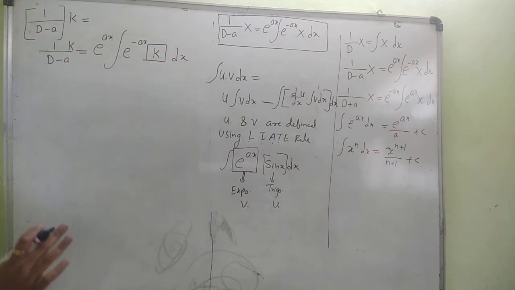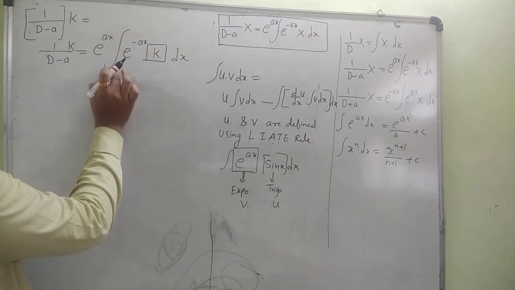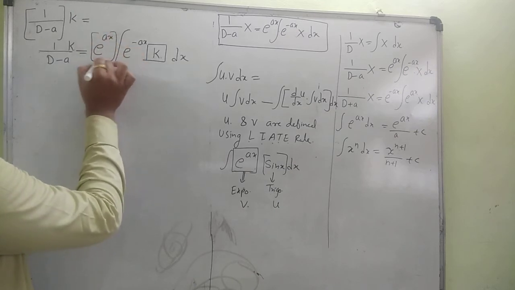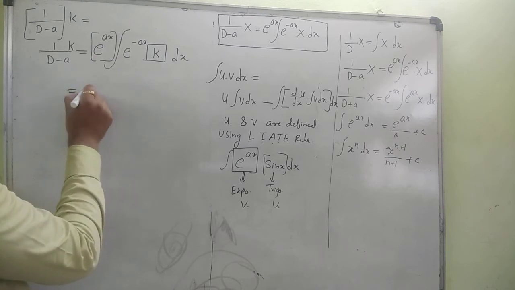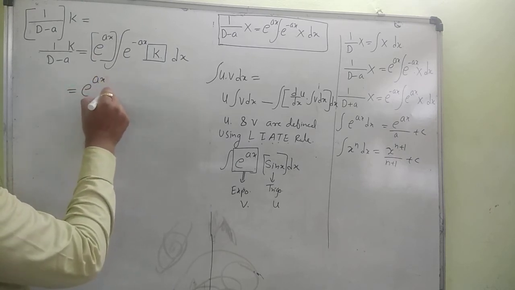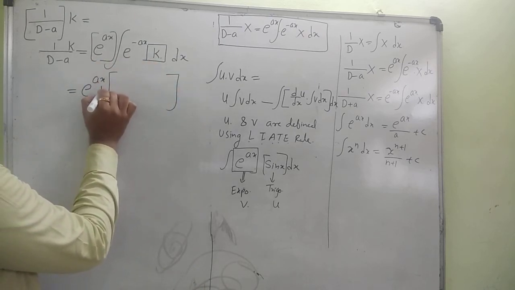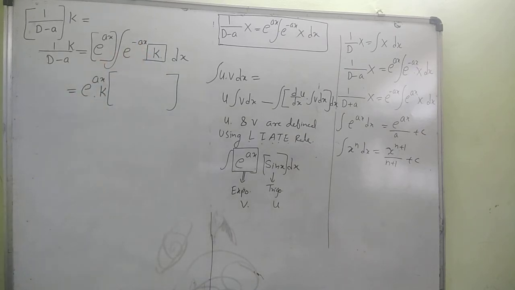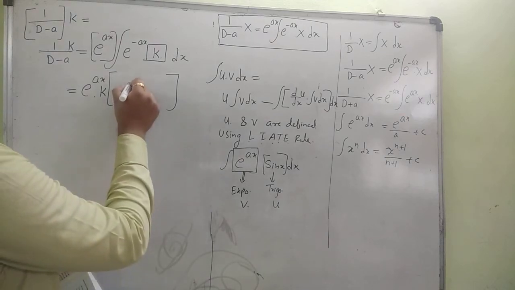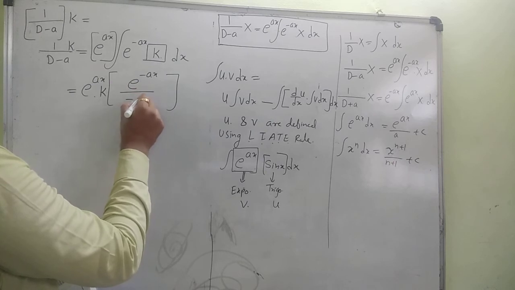We are aware that when any value is outside integration, in that case e raised to ax into k will be taken outside. The integration of e raised to minus ax will be e raised to minus ax upon minus a.